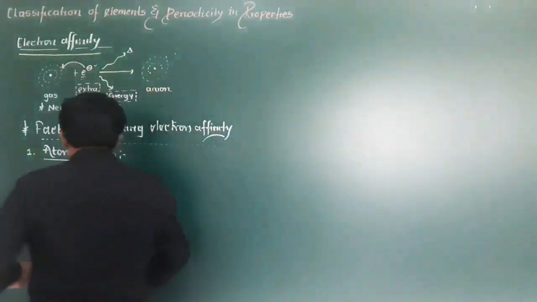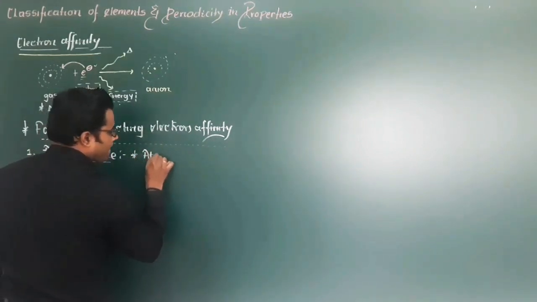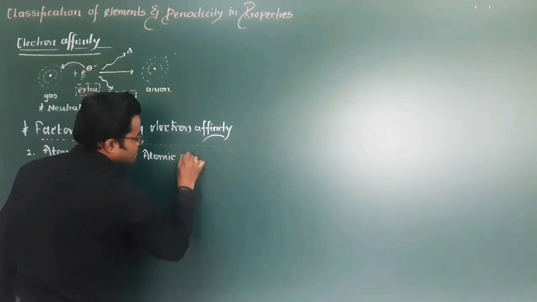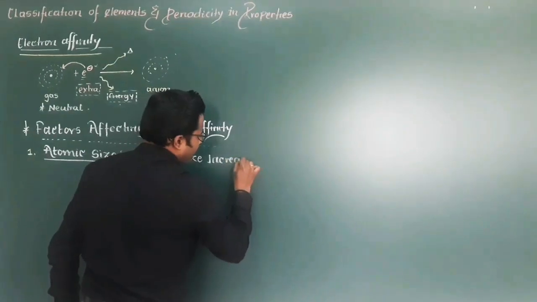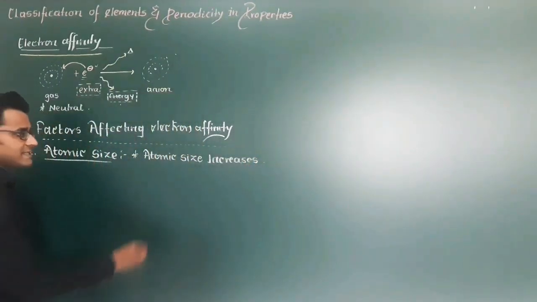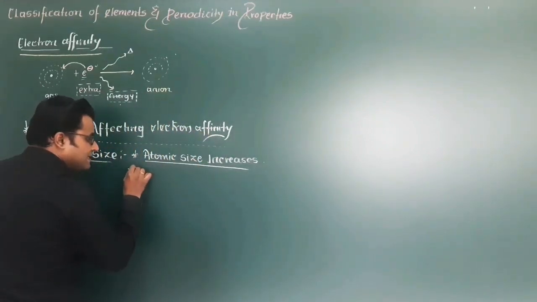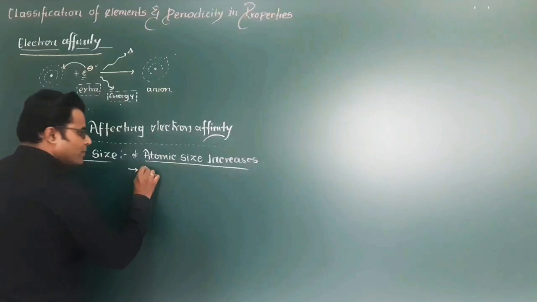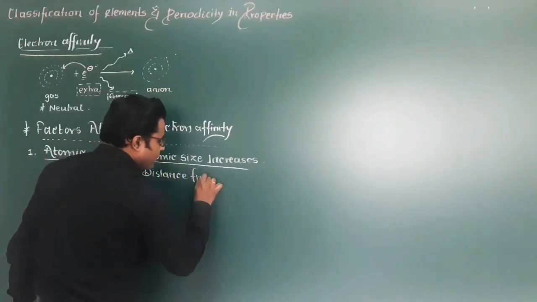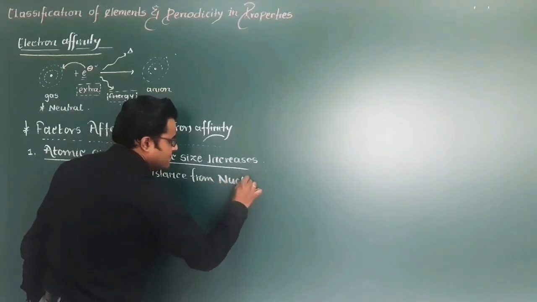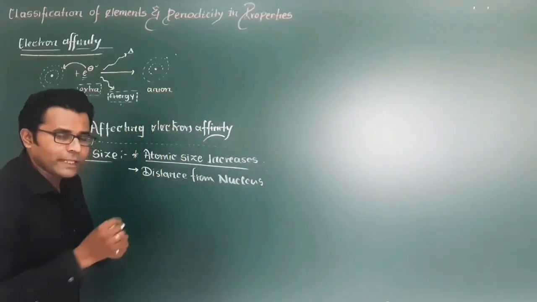So can I say that as the atomic size increases, the distance from the nucleus to the outermost shell or the outermost orbit is also going to increase?